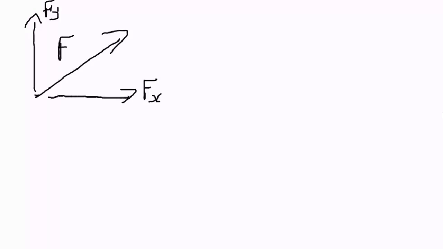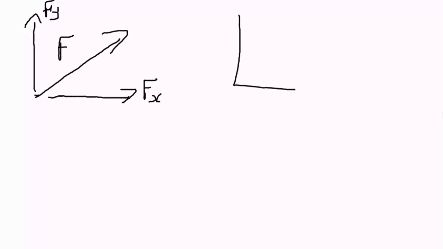What we can then do if we have several forces is take all the X components and add those together, all the Y components and add those together, and then find a resultant force, but I'll show you that in a moment. We can also use Cartesian notation. Cartesian notation is referring to I, J and K vectors.